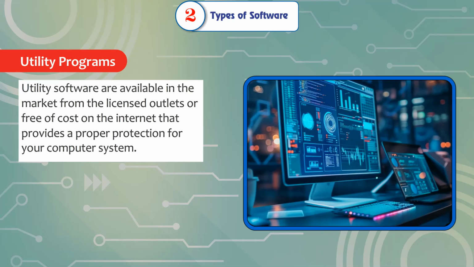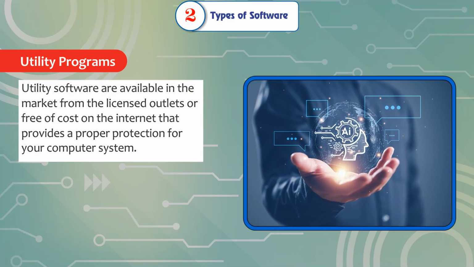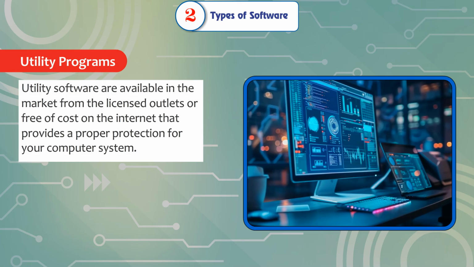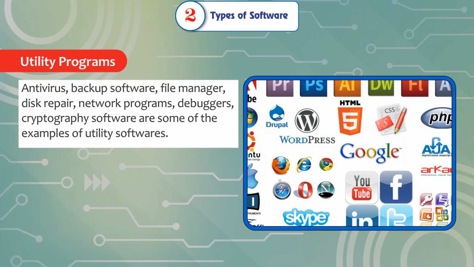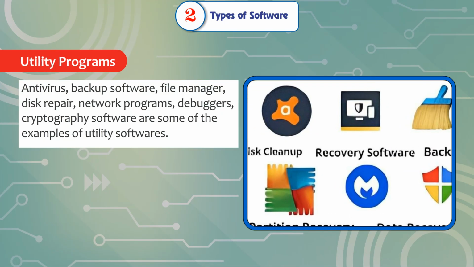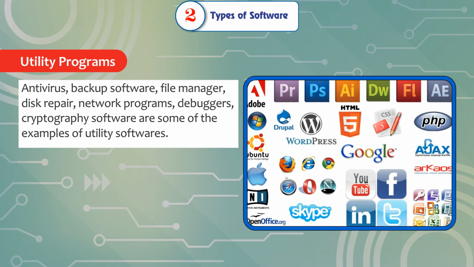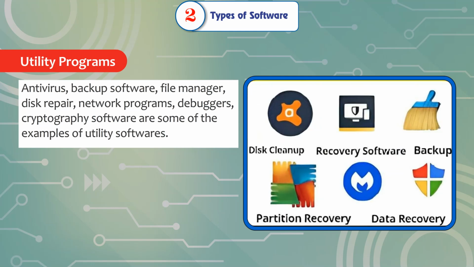Utility software are available in the market from the licensed outlets or free of cost on the internet that provides a proper protection for your computer system. Antivirus, backup software, file manager, disk repair, network programs, debuggers, cryptography software are some of the examples of utility software.